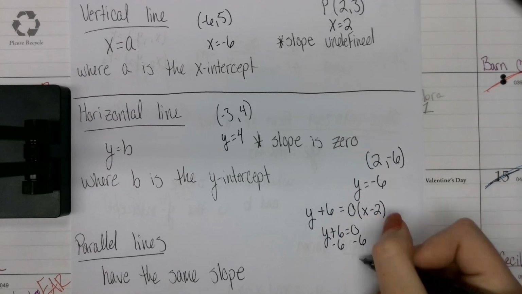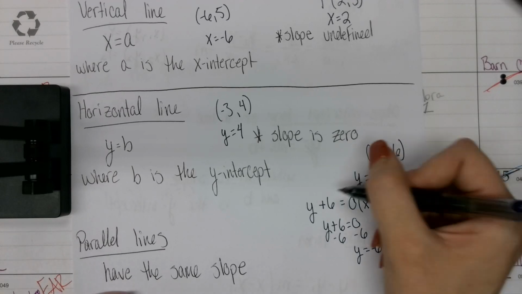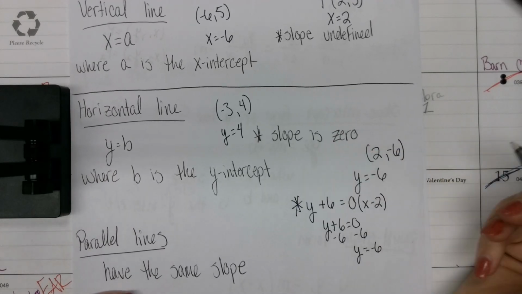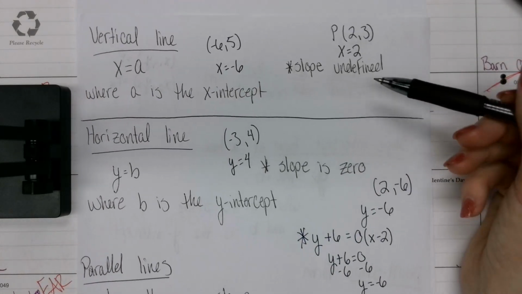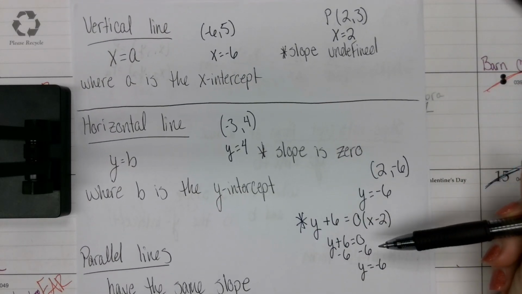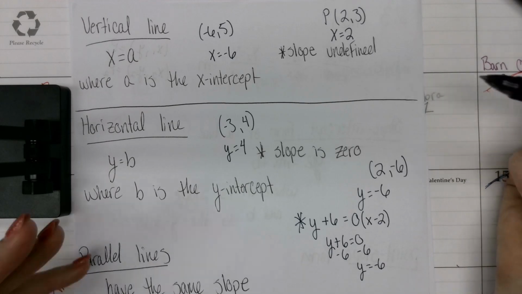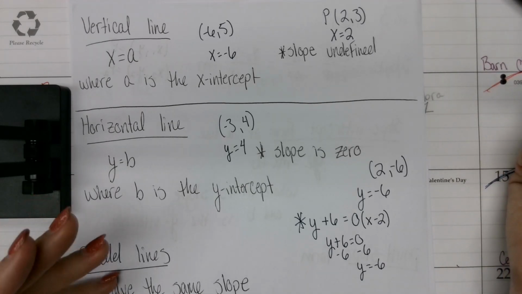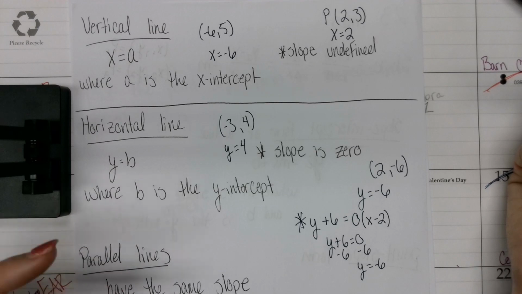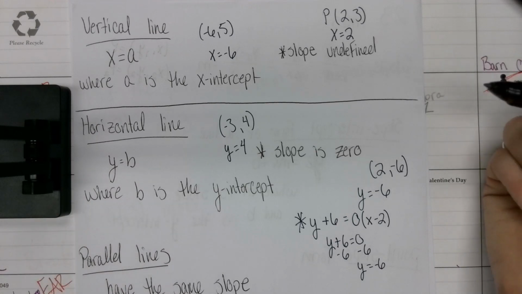Subtract 6, so y would equal -6 still. So that's why I said if you don't remember that horizontal is just y equals, you can still plug it into this equation. But for the vertical one you kind of just have to remember. You can graph it and it would be a vertical line. It's never going to touch the y-axis unless it is on the y-axis. But even then, it's x equals 0.